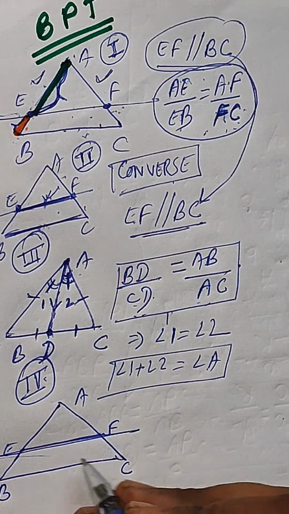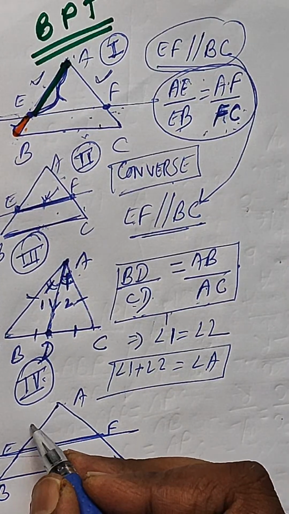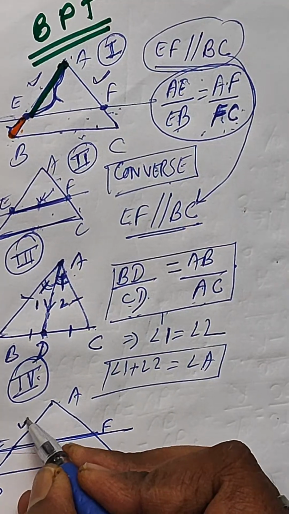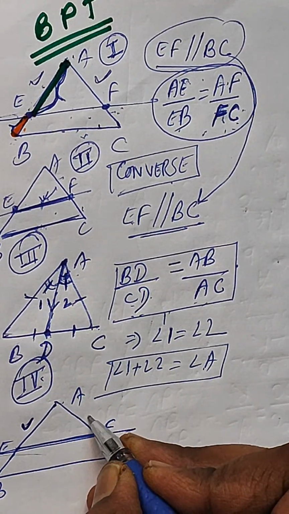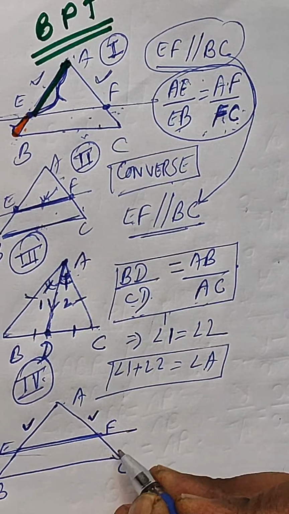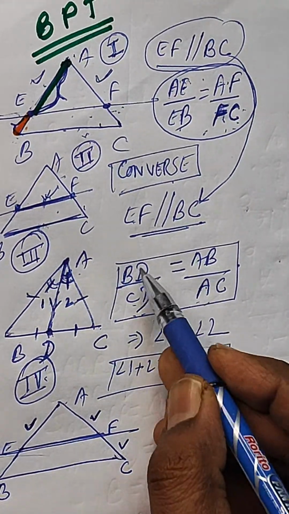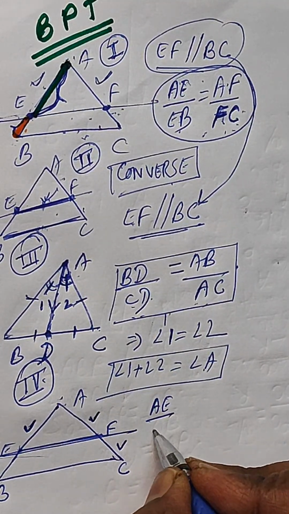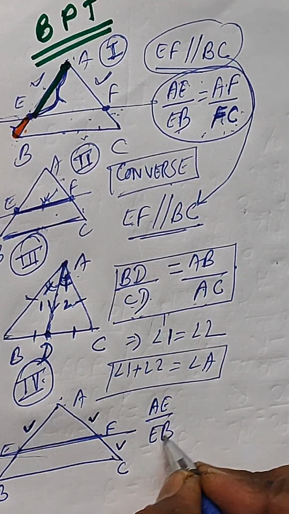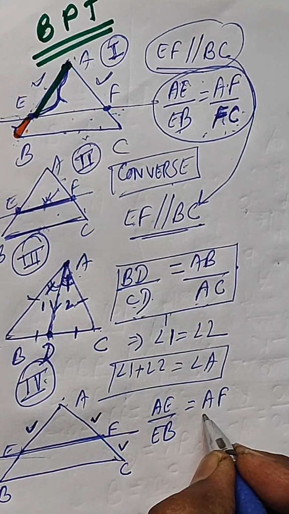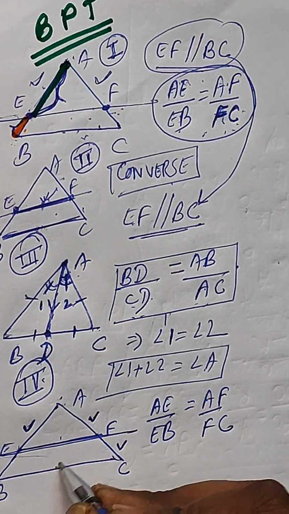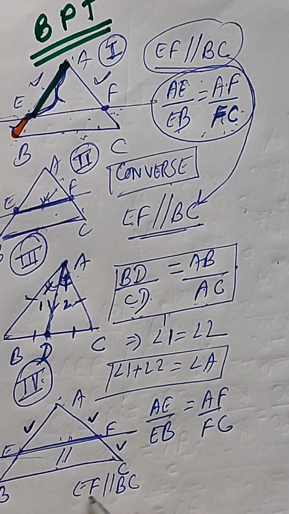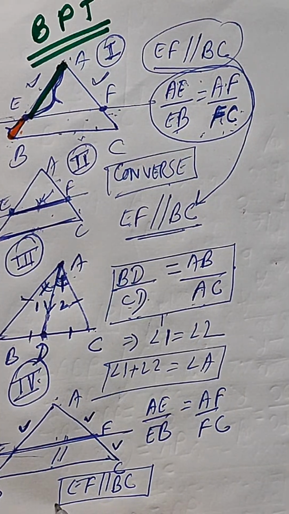Here, definitely, the lengths of these sides are given to you. I mean to say that if AE by EB is given as equal to AF by FC, because EF is parallel to BC, then definitely Thales theorem will be valid.